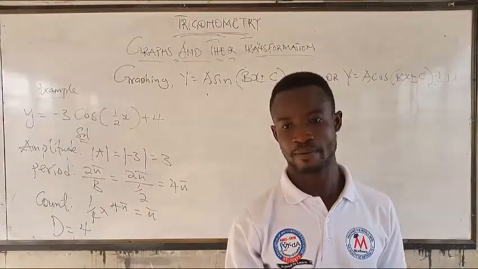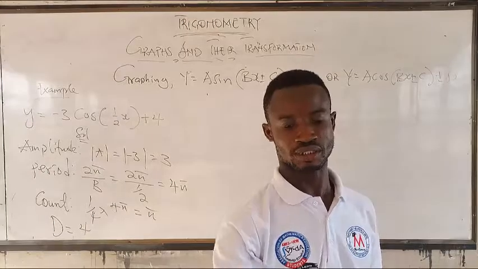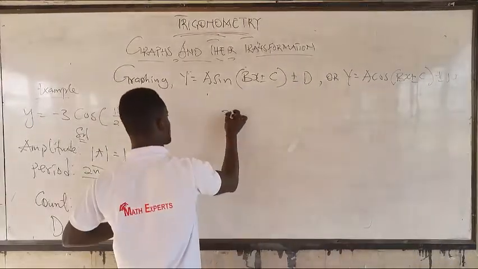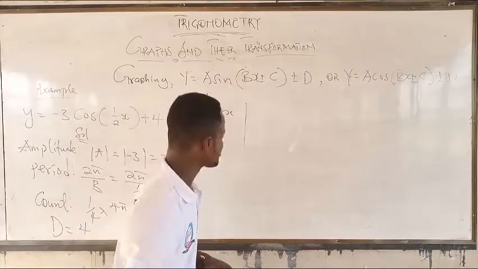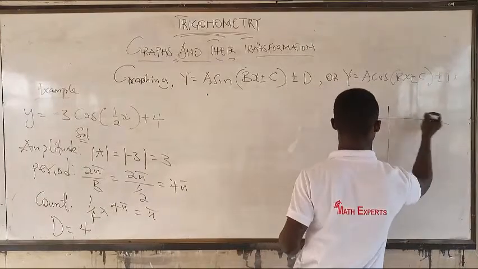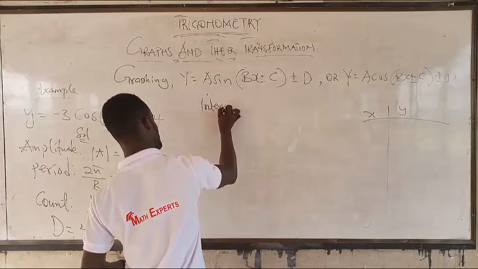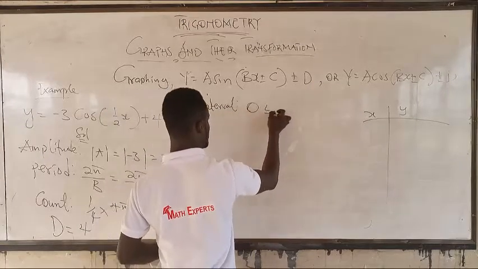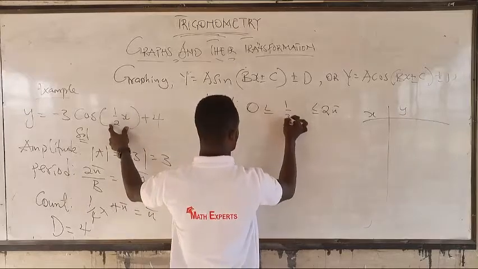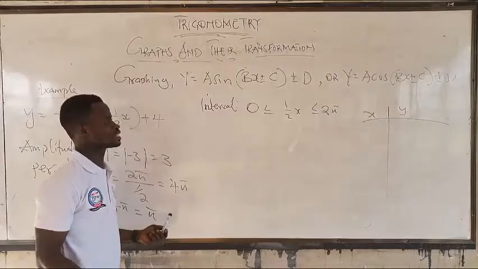So let's go for the end points. Before the table, let's go for the interval. The vertical shift, this D, will not affect the interval.